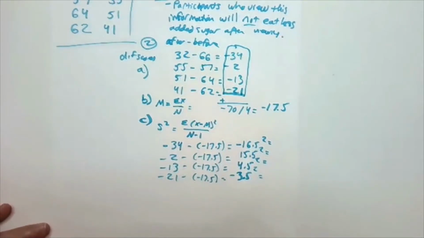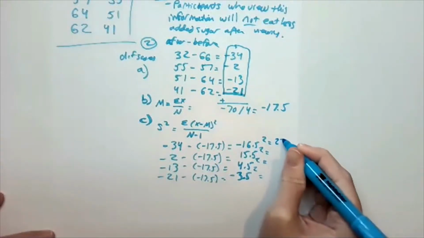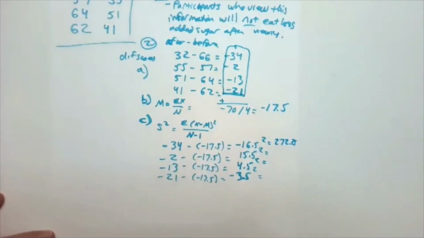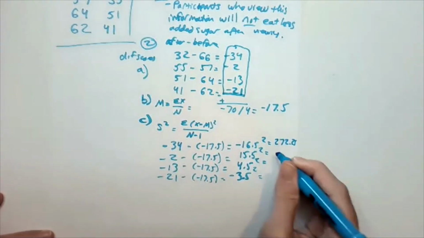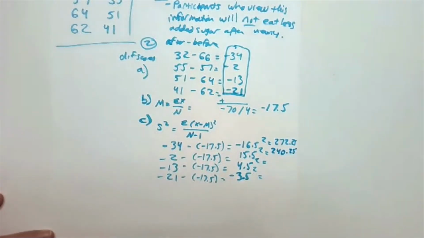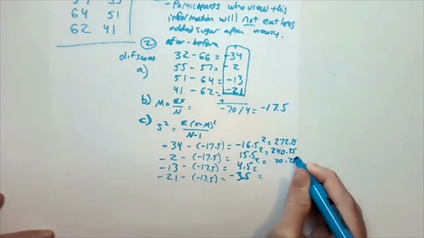And so for negative 16.5 squared, I'm going to get 272.25. I'm going out to 2 decimal places here. 15.5 squared is going to give me 240.25. 4.5 squared is going to give me 20.25.